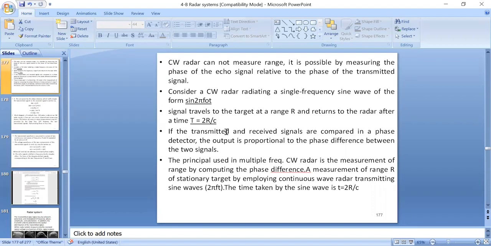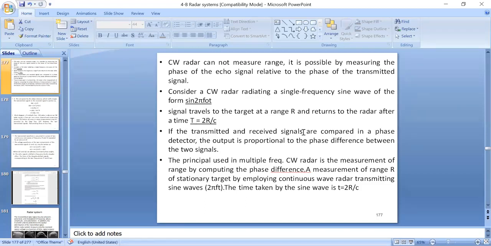Okay, so the time t is equal to 2r by c. We know that the range r is equal to ct by 2. From that we derive the time t is equal to 2r by c, right?